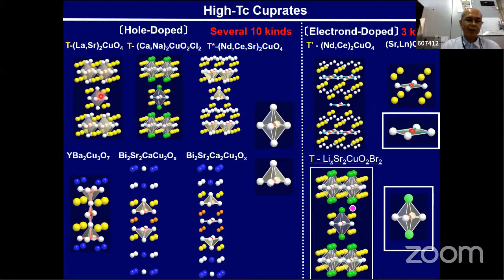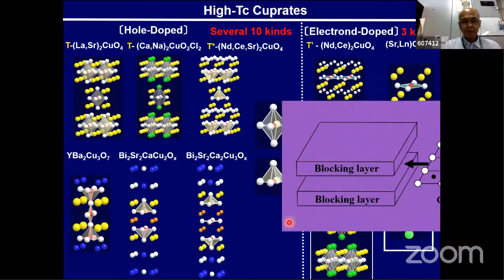The two-dimensional sheet here. There are many types of high TC cuprates. However, the basic structure of the two-dimensional sheet is all the same. Bismuth system, and this one an electron doped system. They all have the layer structure. This is very important and key to realize the high temperature superconducting state.